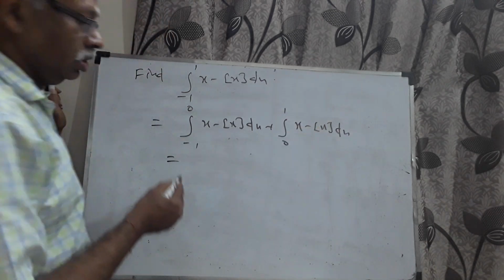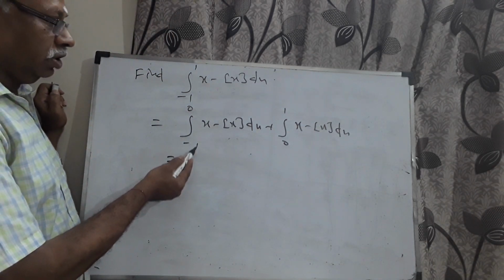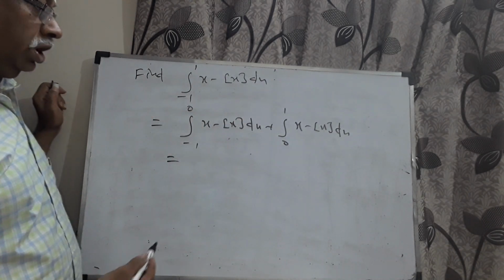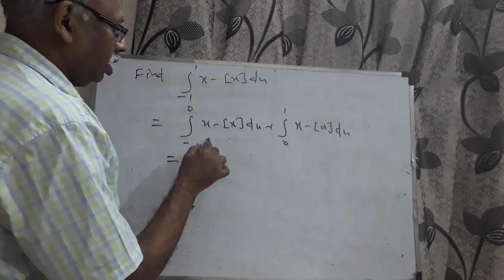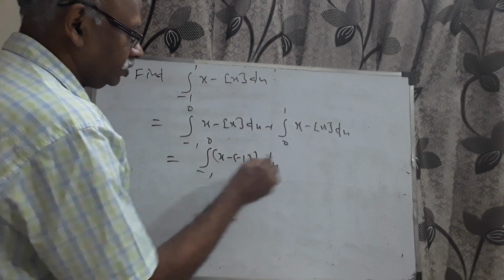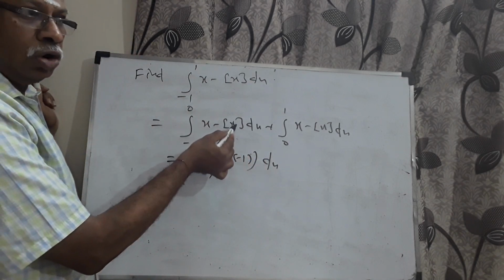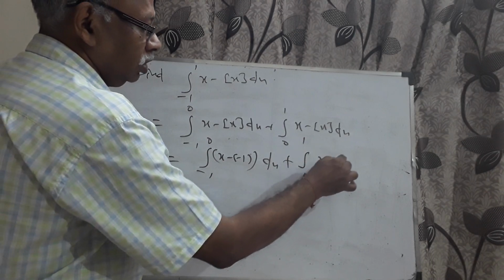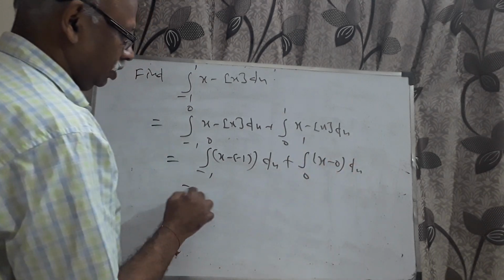Remember carefully, instead of A I have minus 1, instead of B I have 1, and my C is 0. I can very well write this. Between minus 1 to 0, the value of box x is minus 1, as we have just seen. Between 0 to 1, it is simply 0.